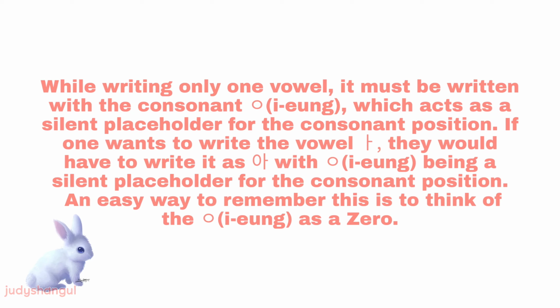If one wants to write the vowel a, they would have to write it as 아, with ㅇ being a silent placeholder for the consonant position. An easy way to remember this is to think of the ㅇ as a 0.